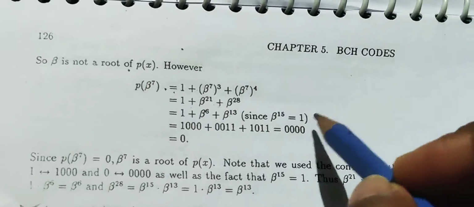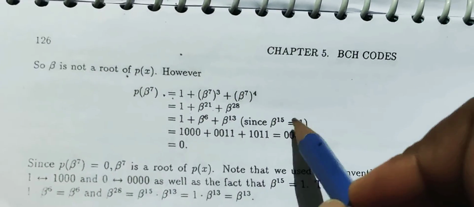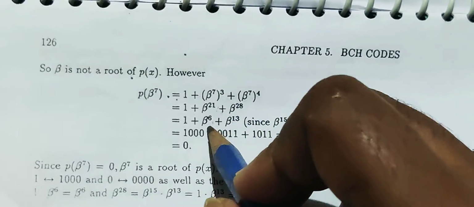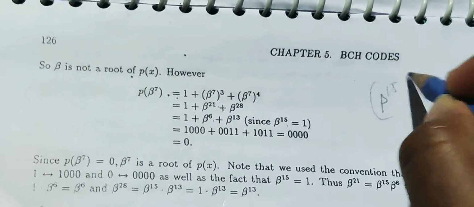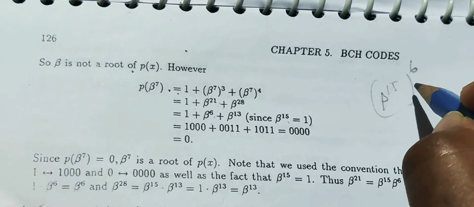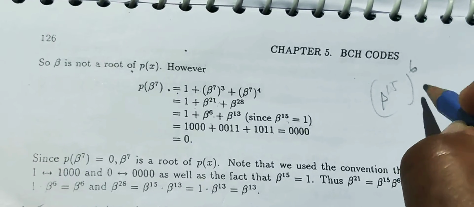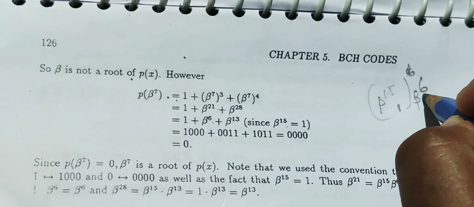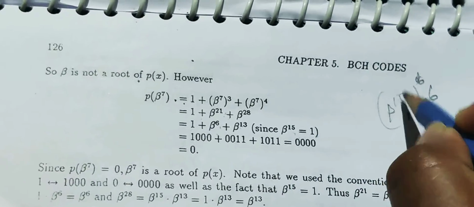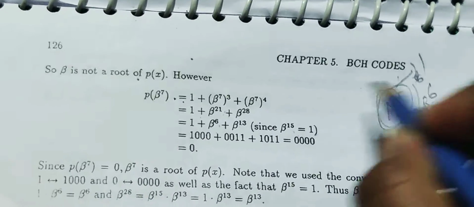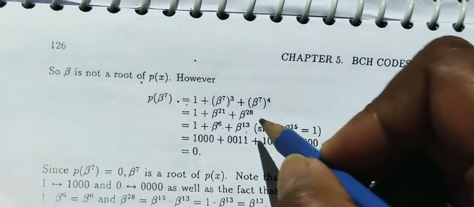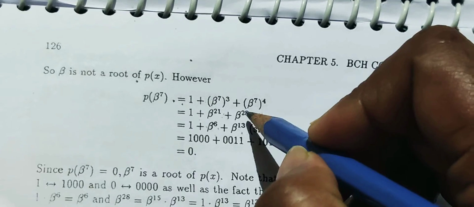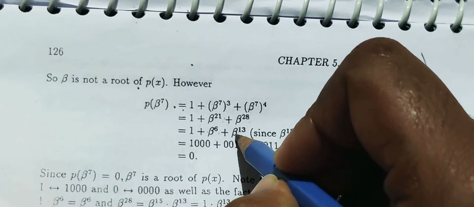Since beta raised to 15 is 1, beta raised to 21 is beta raised to 15 into beta raised to 6, which is beta raised to 6. Similarly, beta raised to 28 is beta raised to 15 into beta raised to 13, which is beta raised to 13.